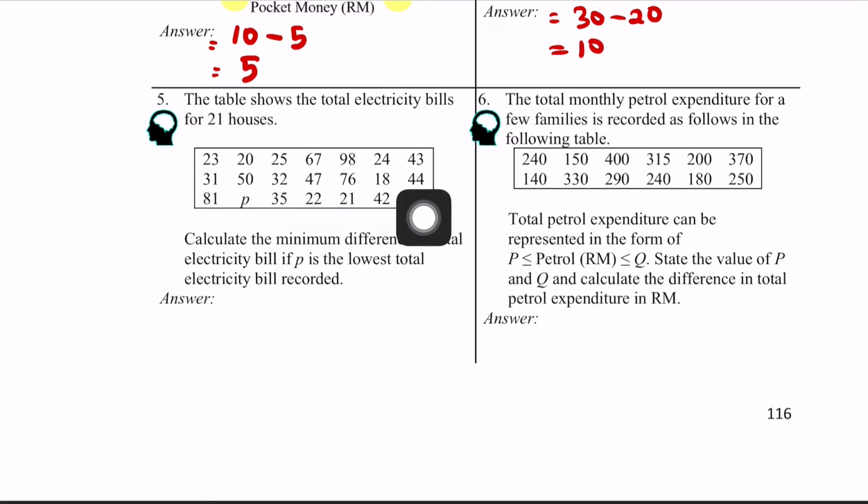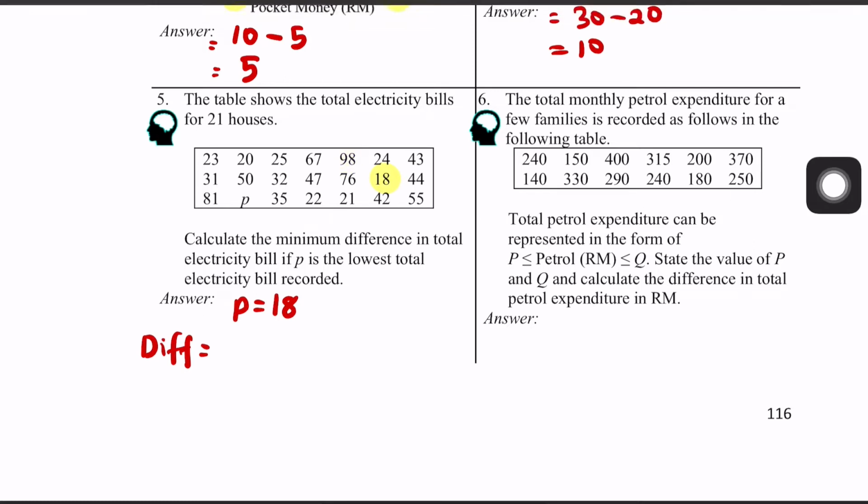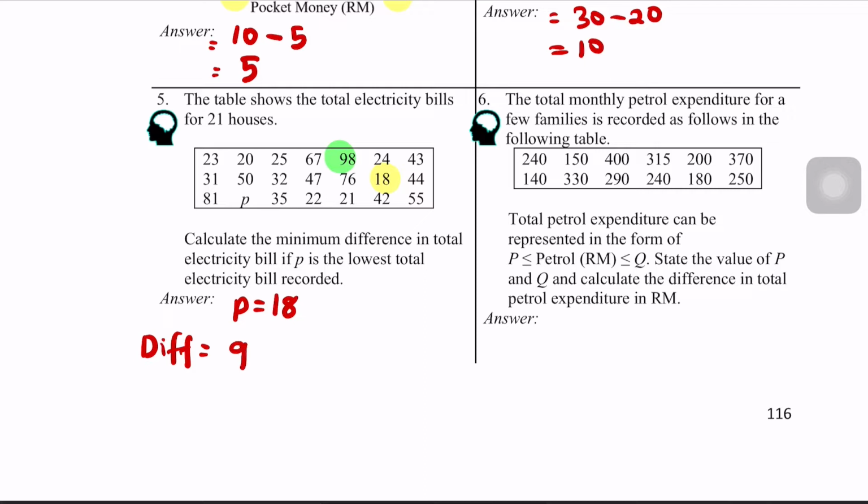Which one is the lowest one? The lowest is 18. So we can say that P is equal to 18. The highest from this set of data is 98, right? So we have 98 minus 18, which equals 80.